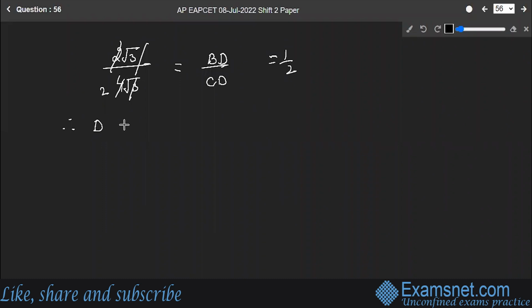Therefore, D divides BC in the ratio of 1:2 internally.